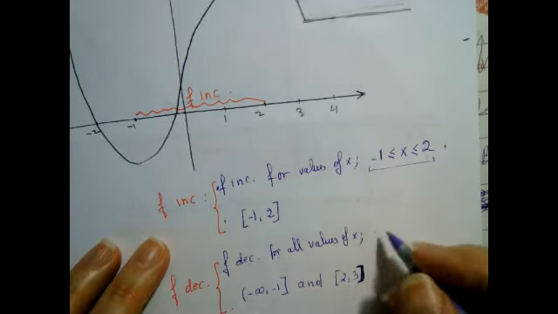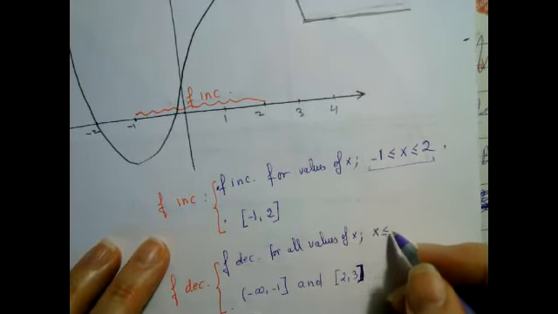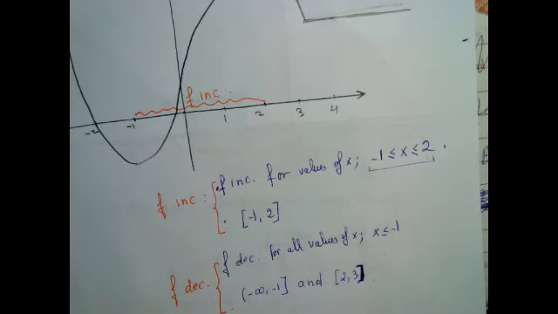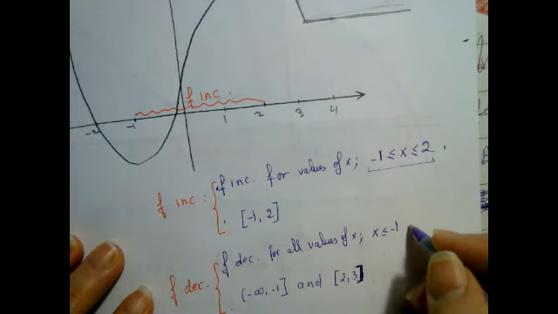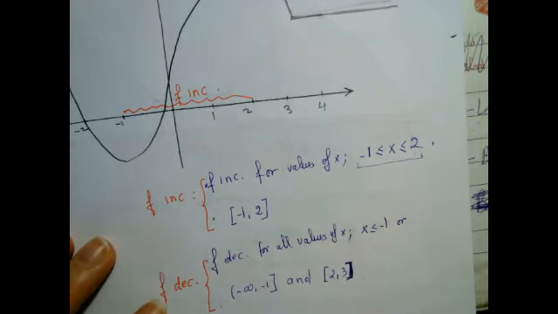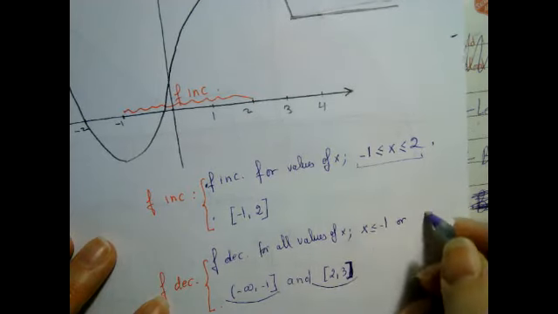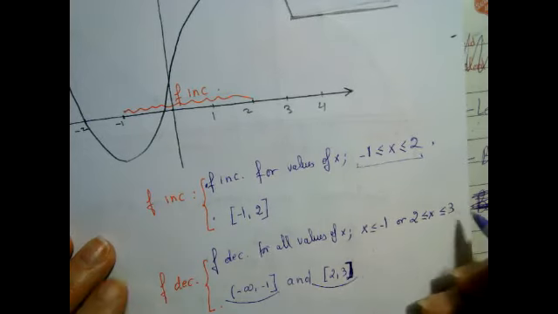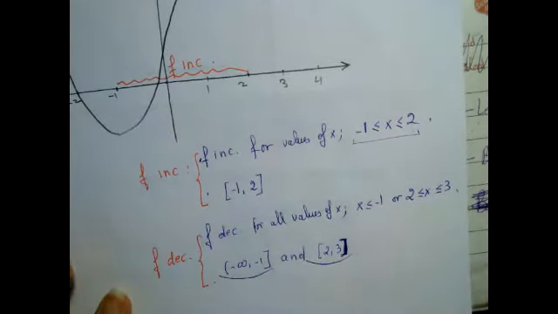You just write x less or equal to -1, because everything less. So we never write -infinity. We actually write everything less. Keep going. Or x is where? Because we have two places. Or x is between 2 and 3.